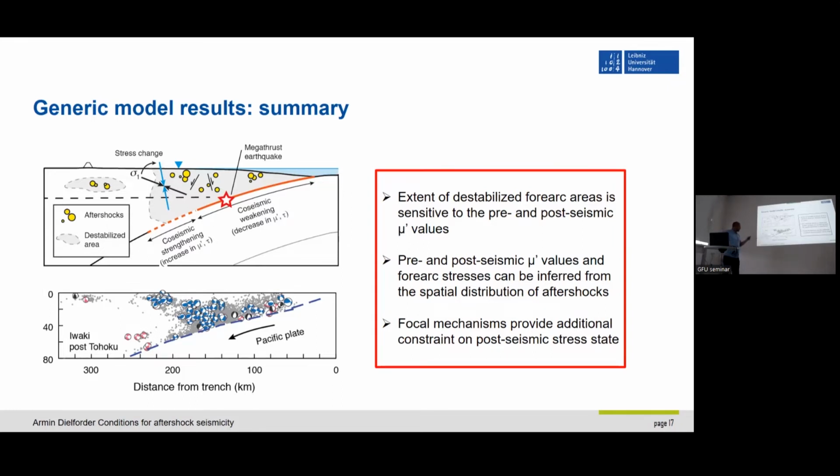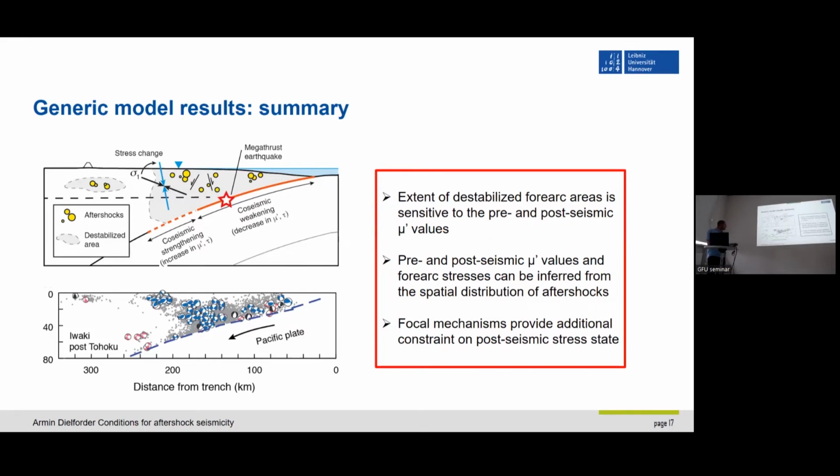This means we can reverse this approach and take the natural distribution of aftershocks and determine for which pairs of pre- and post-seismic stress conditions we would get a distribution or occurrence of unstable fields that matches this aftershock distribution. So basically, we can invert the aftershock distribution for the pre- and post-seismic stress conditions.